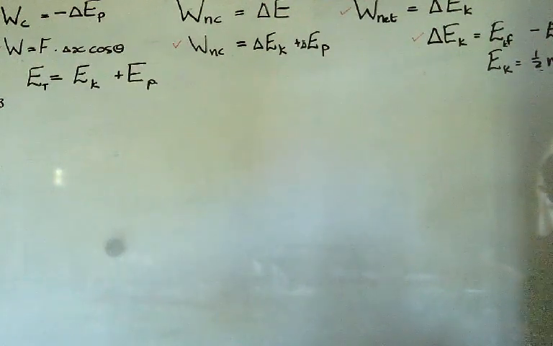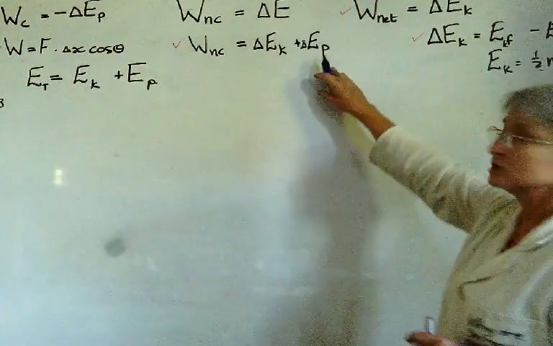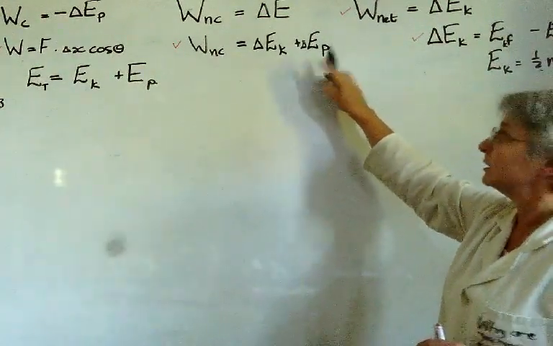And then the WNC equals the change in kinetic energy plus the change in potential energy.